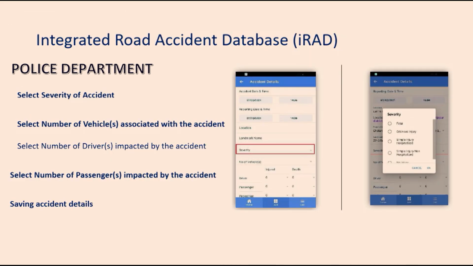Okay. Then severity level: fatal, grievous injury simply hospitalized, simple injury non-hospitalized. Here they have a little more detail.